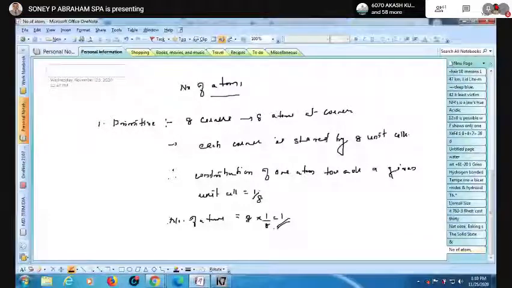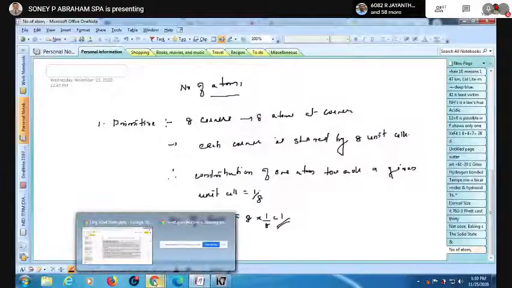Therefore the contribution of that atom at the corner towards a given unit cell will be 1 by 8. And since you have 8 such corners, all occupied, the total number of atoms will be 8 into 1 by 8, which is equal to 1. Any doubt? No, sir.